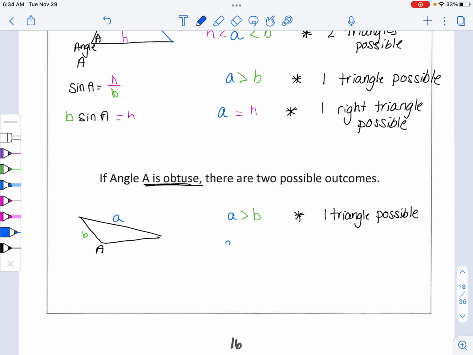If your side A is less than your side B, there would be 0 triangles possible. Go back to that hinge theorem: the biggest side is across from the biggest angle. So if side A is not your biggest side, then angle A can't be your biggest angle. Therefore, angle B would have to be bigger than angle A, and that's just not possible.